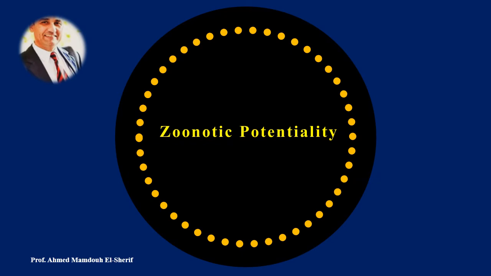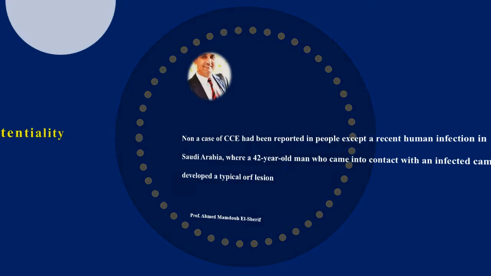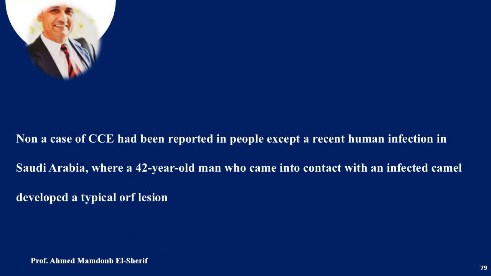Zoonotic potentiality of camel contagious ecthyma. No case of camel contagious ecthyma had been reported in people except a recent human infection in Saudi Arabia, where a 42-year-old man who came into contact with an infected camel developed atypical orf lesions.